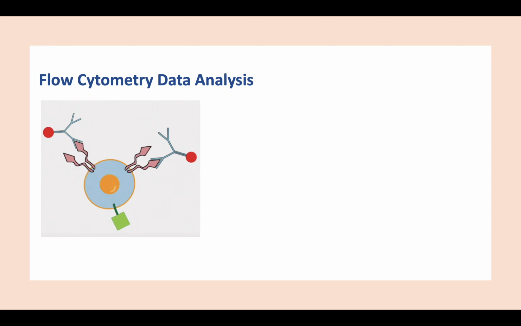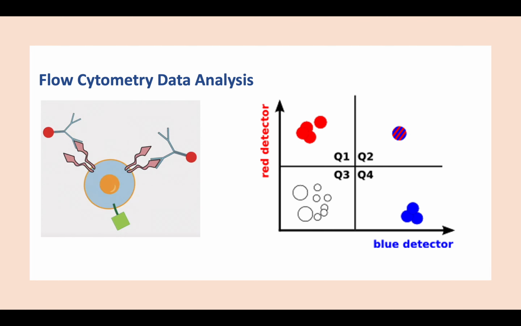In addition to those analyses, here we can use something called a scatter plot, as now we're working with two parameters, right? RFP and BFP. For that, we can have BFP on the x-axis and RFP on the y-axis.